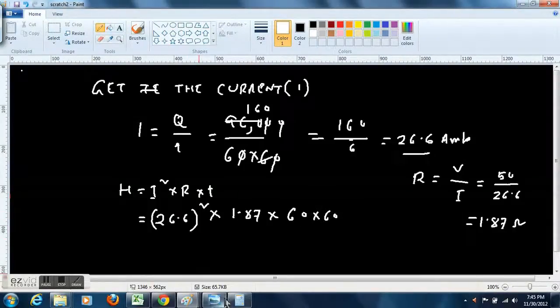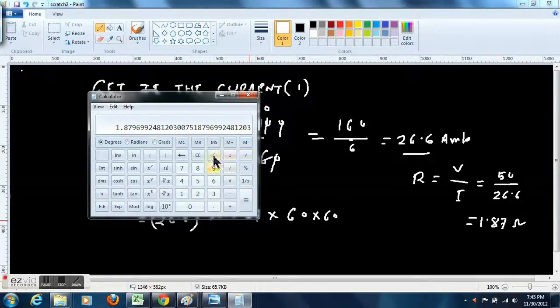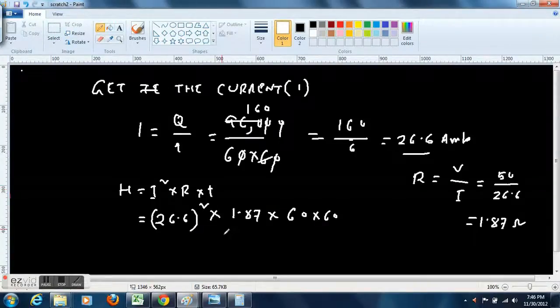So 26.6 square, multiplied by 1.87, multiplied by 60 into 60, that is 3600, altogether coming as 4763293.